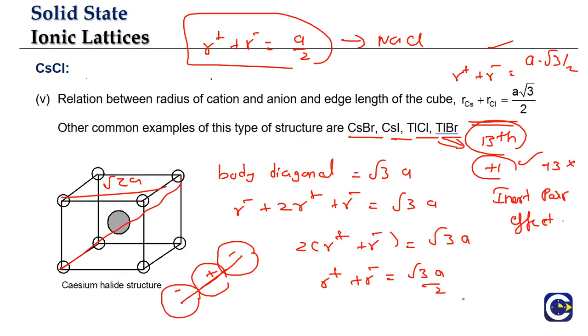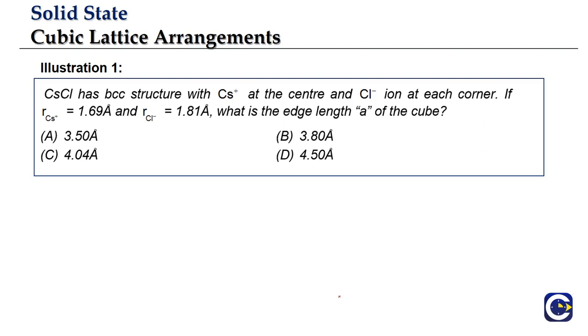This is what we also call the shortest distance between the anion and the cation. Like the way we discussed in the case of NaCl, here also the R plus plus R minus value will be called the shortest distance between the anion and the cation. So this is about the relation between the radius of the cation, radius of the anion and the edge length. So we look at a sample problem on this.